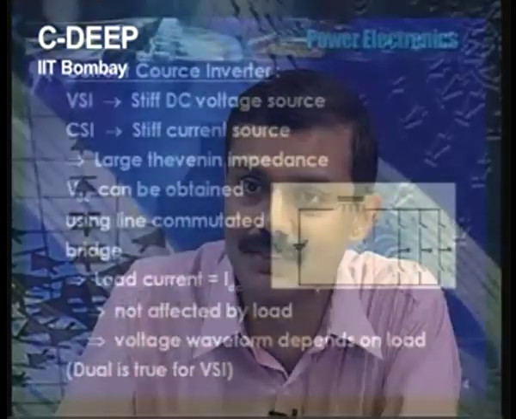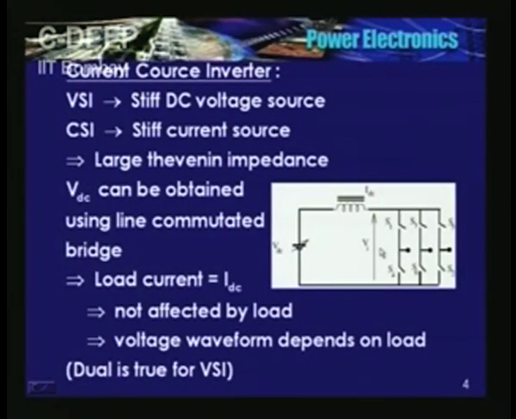A load commutated inverter fed synchronous motor drive is nothing but a current source inverter with 6 SCRs, feeding a synchronous motor, wherein the power factor is leading. It's quite attractive.